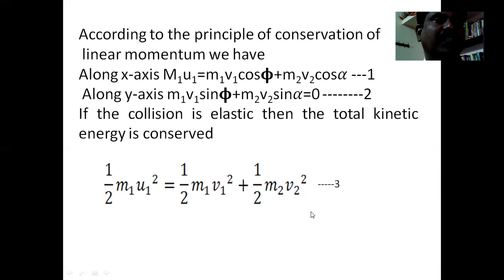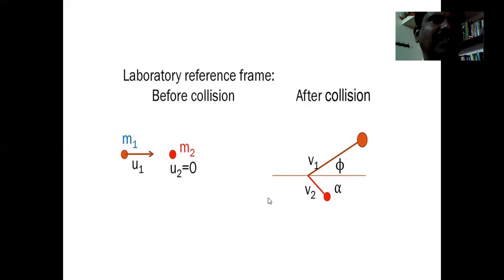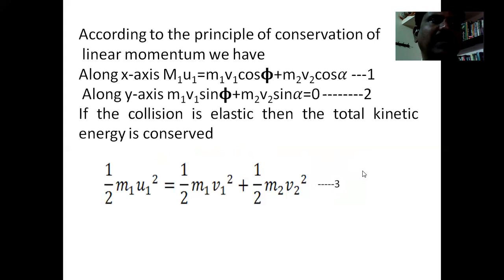Now let us write according to the principle of conservation of linear momentum. You have to apply the law of conservation of linear momentum to this process, so resolve v1 and v2 into two components, one along the x-axis and one along the y-axis. Along the x-axis, the total momentum of the two particles before collision is equal to that after collision.